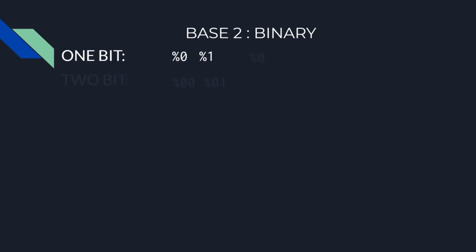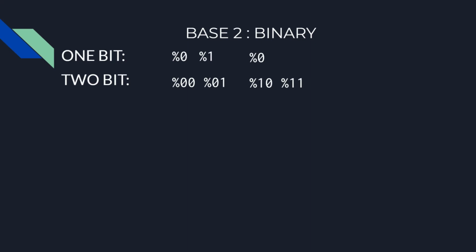If we add 1 more to 1, it rolls over to the first value and we get 0. So let's add on another digit. Now, when we add 1 more to the 1, we carry the 1 and add that to our next digit, and we get 10. This new digit is the 2's place, and it counts how many 2's we have.